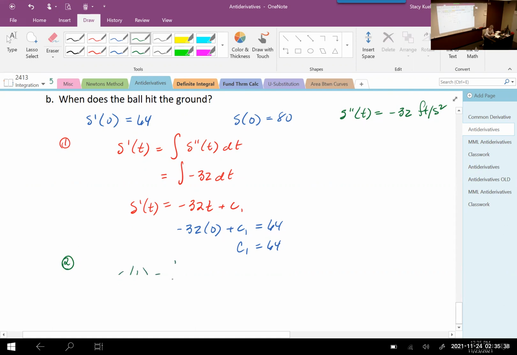So the position function is equal to the integral of the velocity dt.